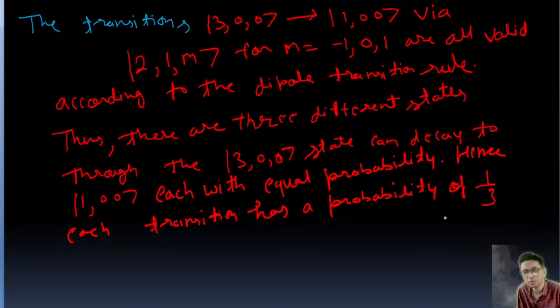Has a probability of 1 by 3 because there are three different states that state can decay through. So it has probability of 1 by 3.